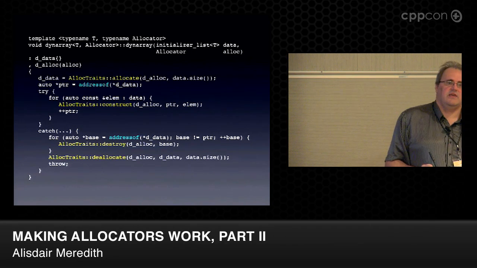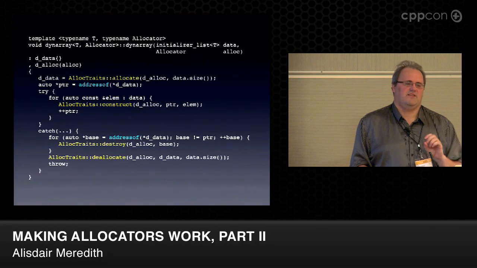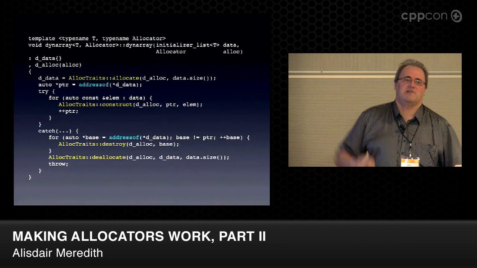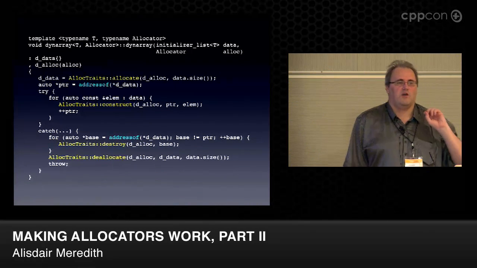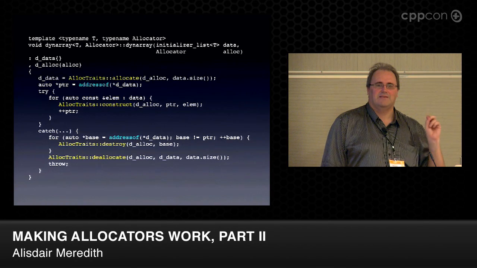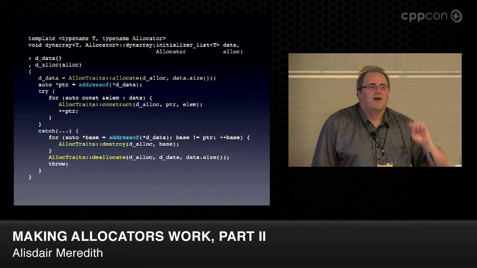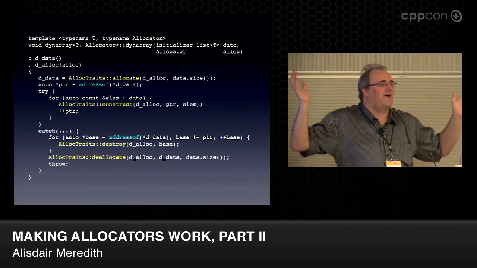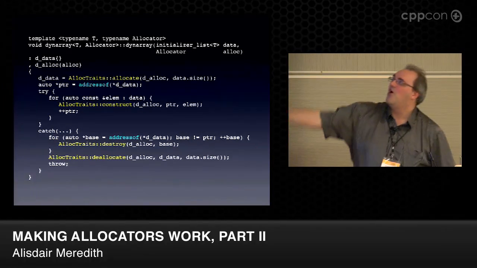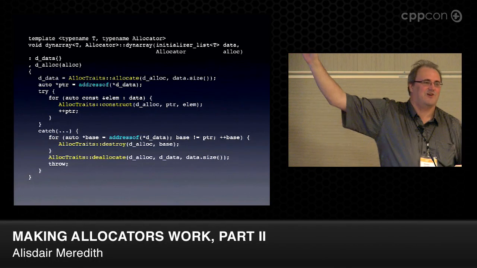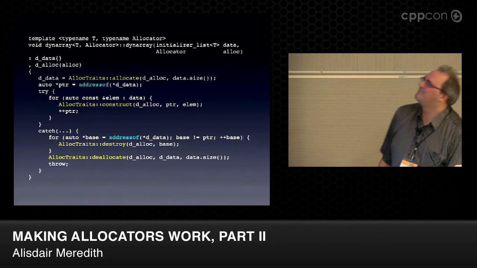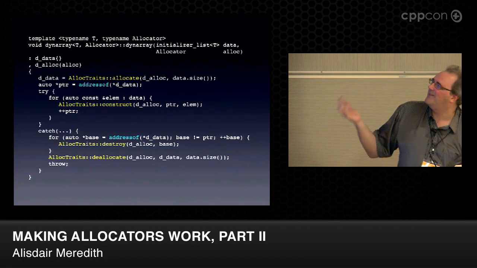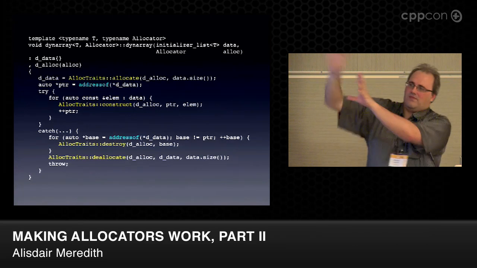Addressof is a standard library function in C++11 that says, if I've got a really awkward, annoying user who's written their own type T that overloads the unary address-of operator, something like a Microsoft COM pointer, or they could just make it return void, make it private, they can do whatever craziness they want, we still get the address of that object. And again, magic. So that's what addressof does.